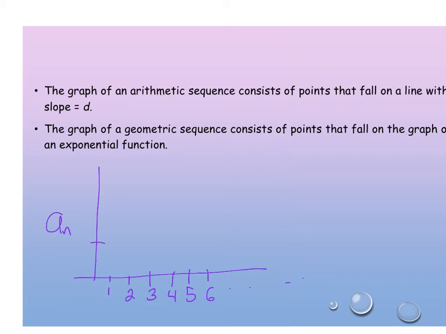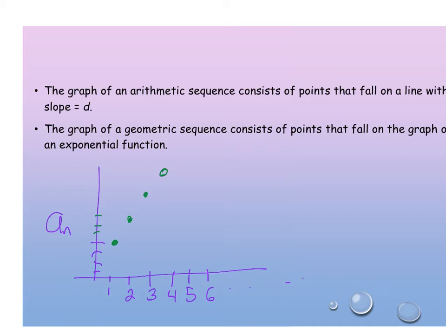Okay, so if a sub 1 is 4, and it's arithmetic, so I'm adding, let's say, 3. This is going to go up 3 each time. So it's just a line with a slope of d.